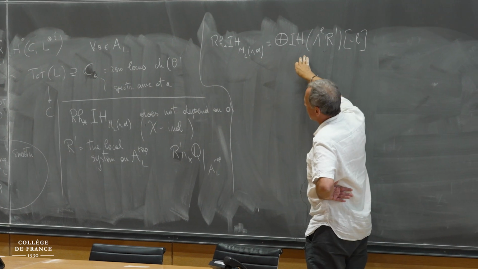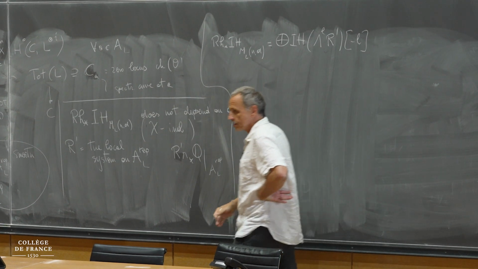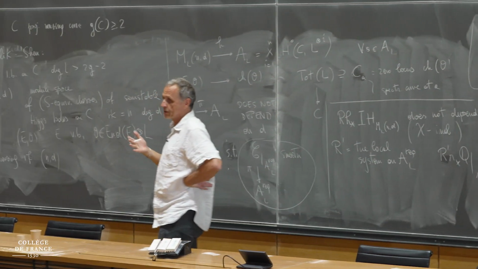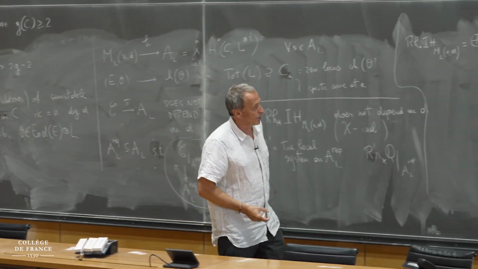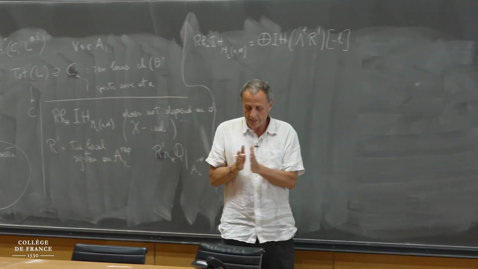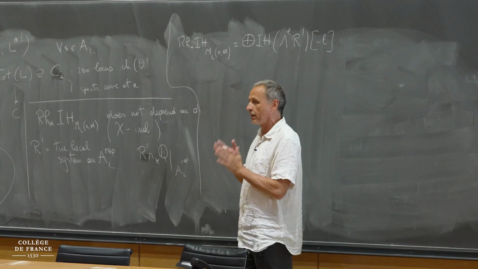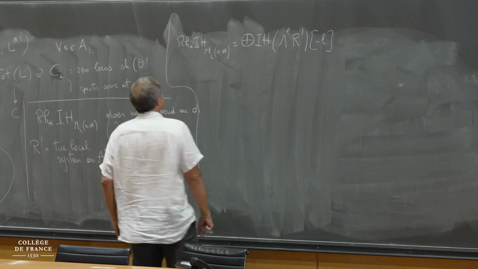I use the geometric numbering, not the one in Beilinson-Bernstein-Deligne. The intersection cohomology of the smooth part is the constant sheaf, shifted.